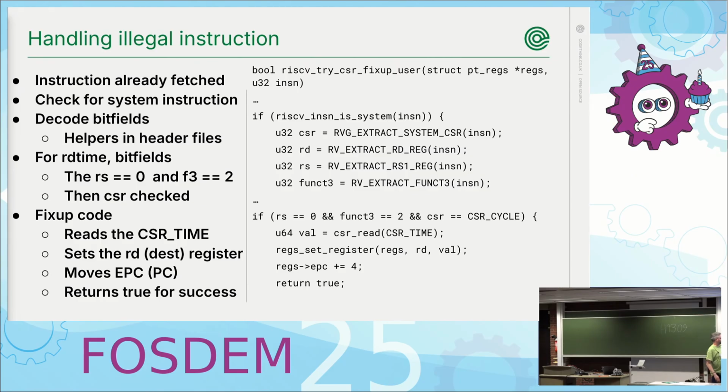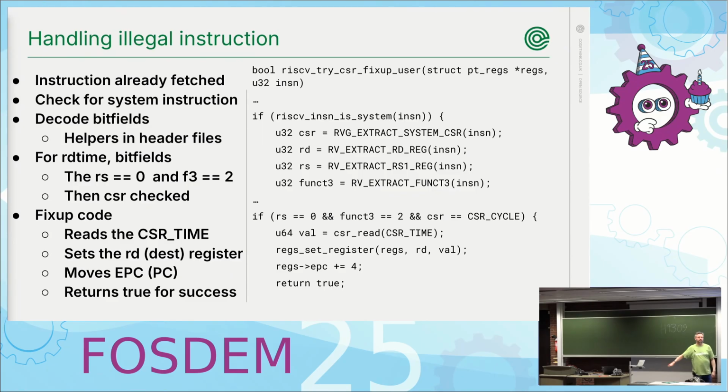So you can go through, extract. We can say, is this our CSR read and set? If so, we can look for access to the cycle register. And because the instruction traps are designed to allow you to restart if it had to fix something up, we can just basically say, into the registers that we were passed from our task, set the RD from the CSR time.